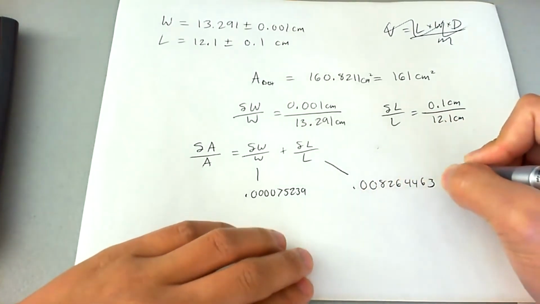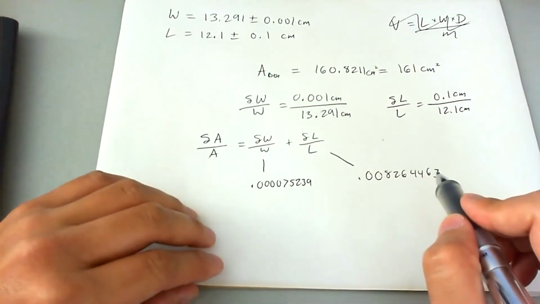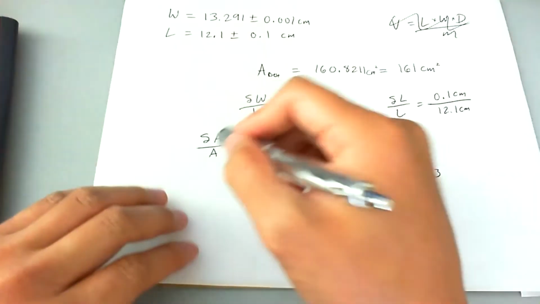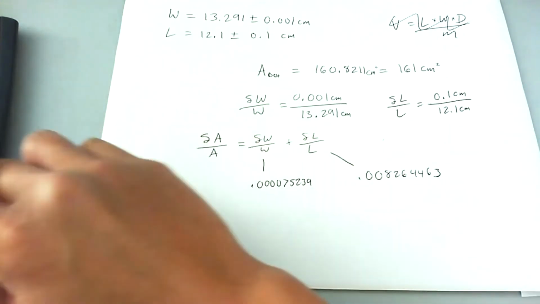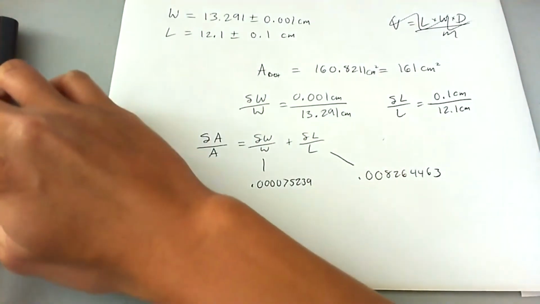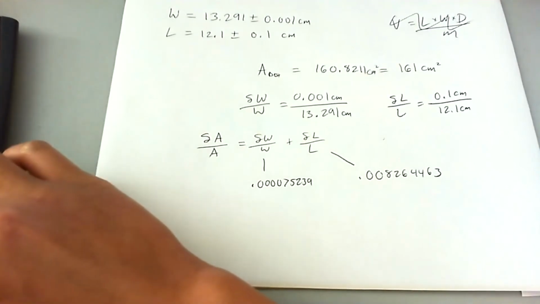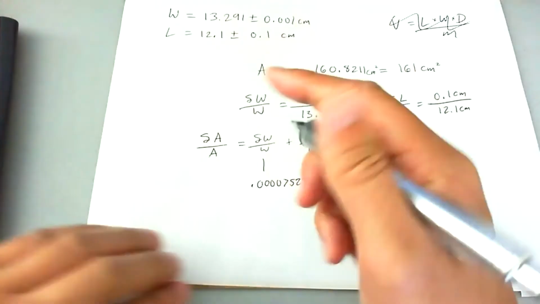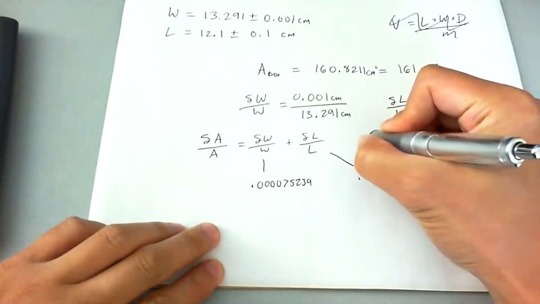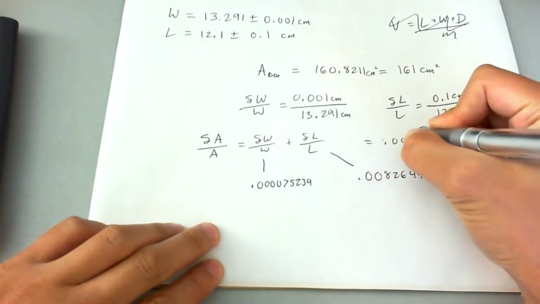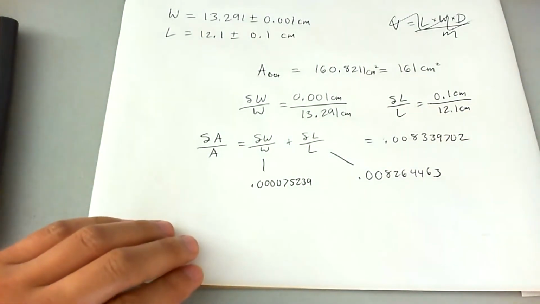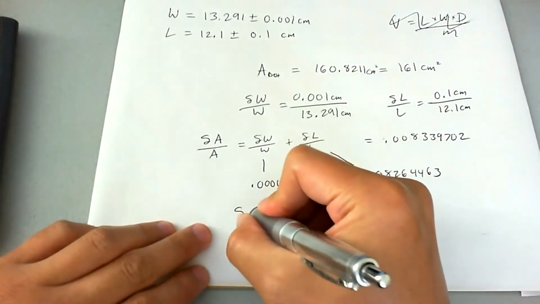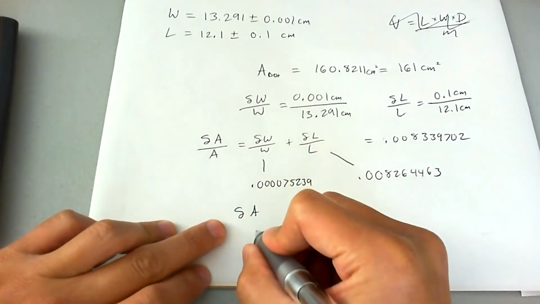I'm just going to keep all those numbers down because we're not reducing them yet. Therefore, the relative uncertainty for area is the addition of the two, which comes out to be 0.008339702.